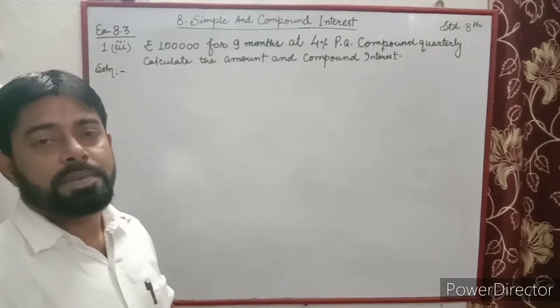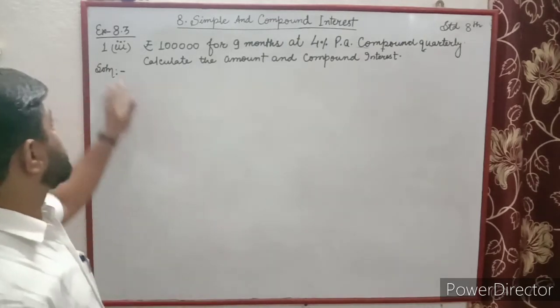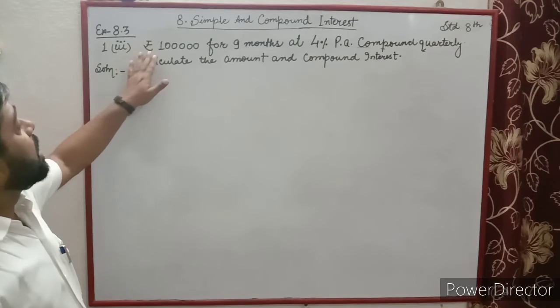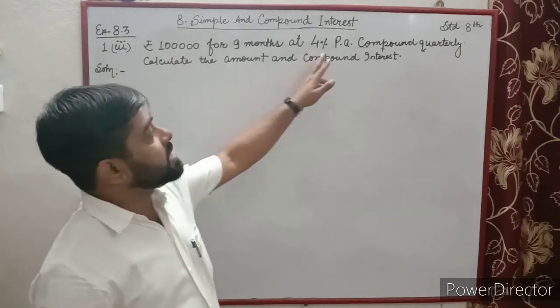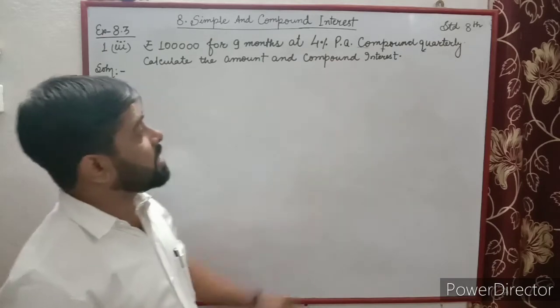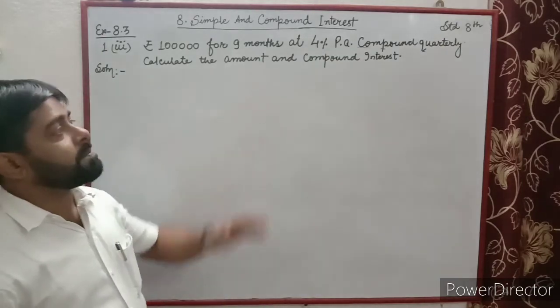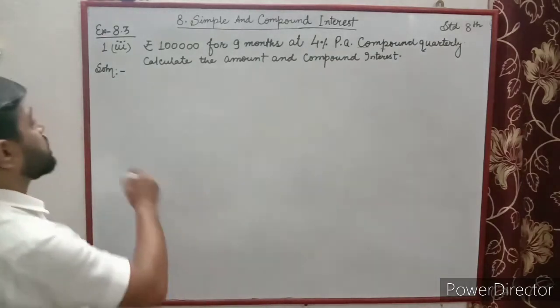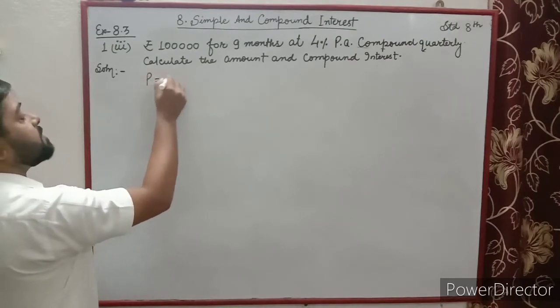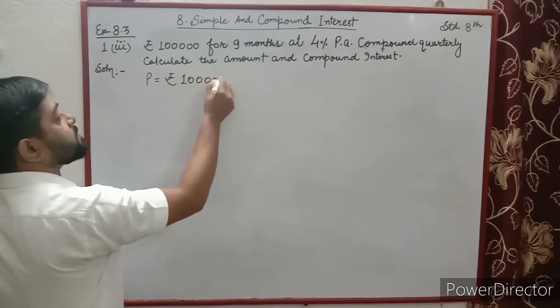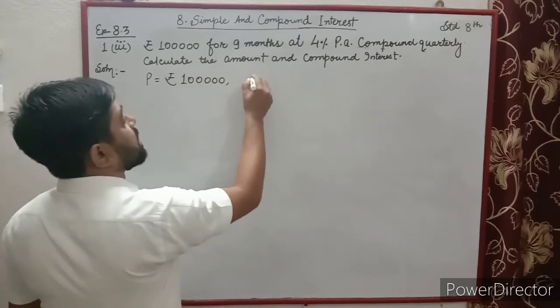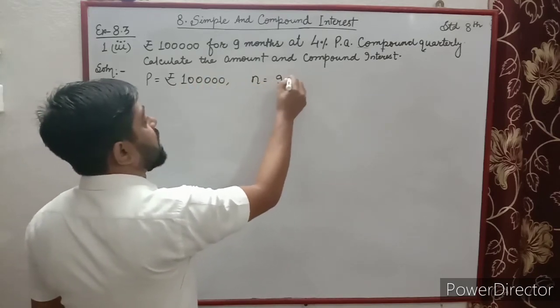Let's see few questions from exercise 8.3. Question number 3. Rupees 1 lakh for 9 months at 4% per annum compounded quarterly. Calculate the amount and compound interest. So first of all, principal is given, 1 lakh. n is equal to 9 months.